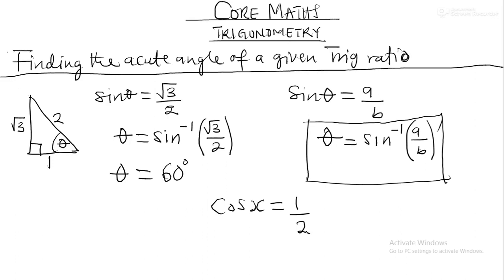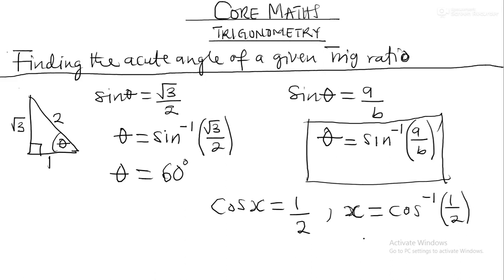So we've established that x should be equal to the cos inverse of the ratio, which is 1 over 2. I hope you get it. With the help of a calculator, you punch cos inverse of 1 over 2, and the calculator will give you the value of x.